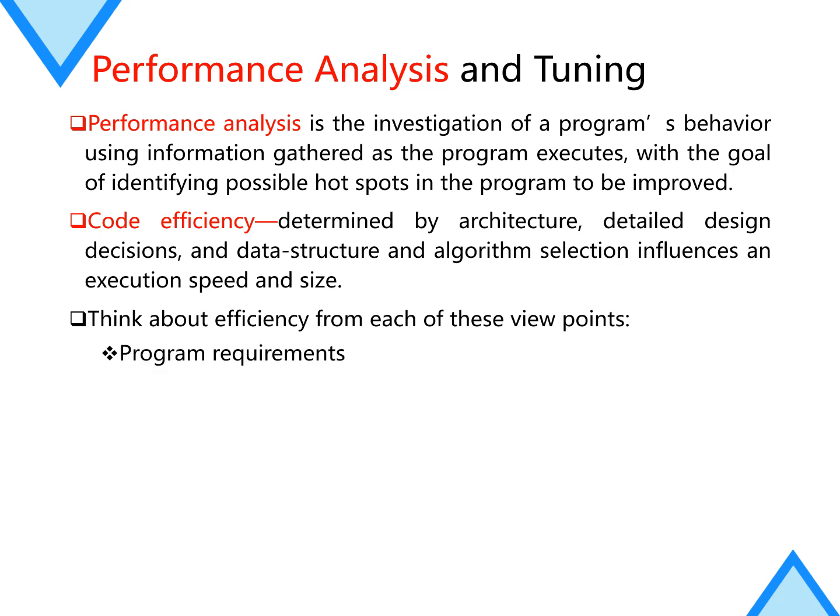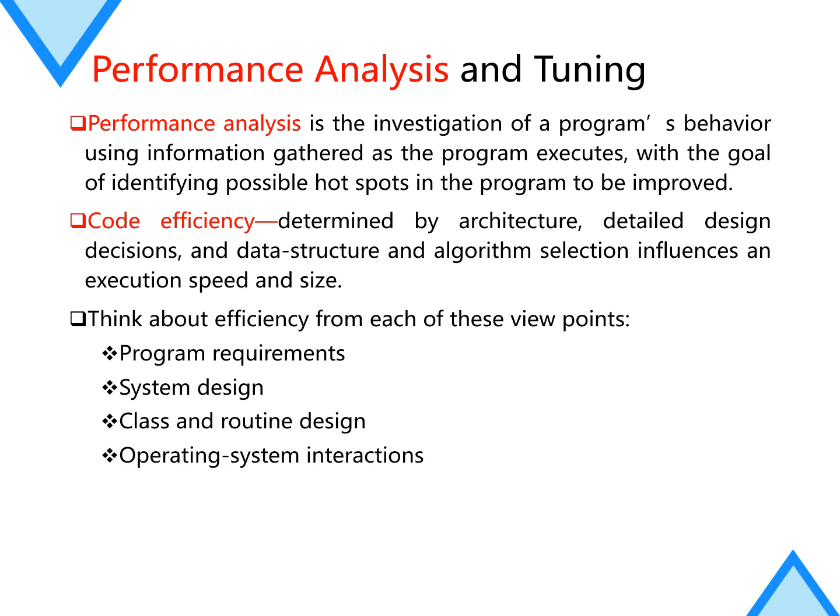So we will think about increasing the efficiency of the code from program requirements, system design, class and routine design, operating system interaction, code compilation, hardware selection, and code tuning. All of these we must think about.